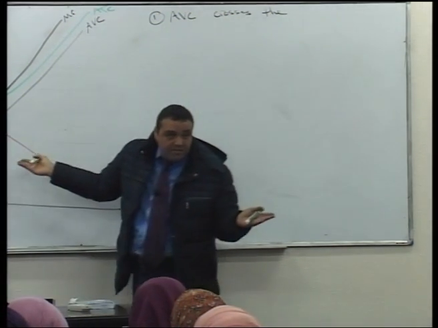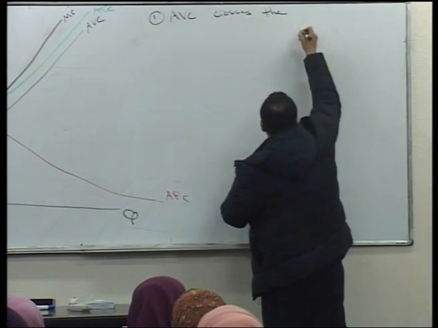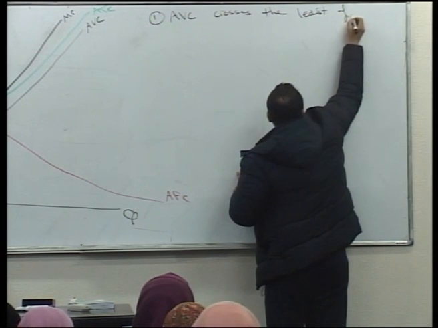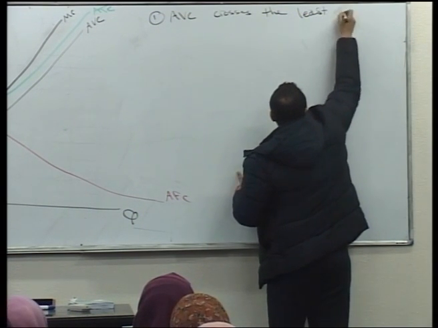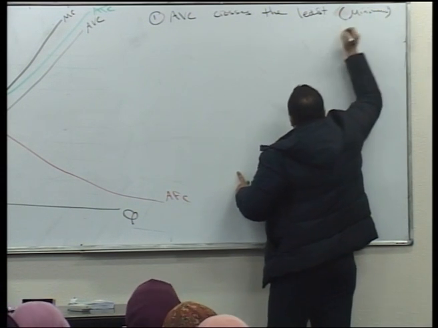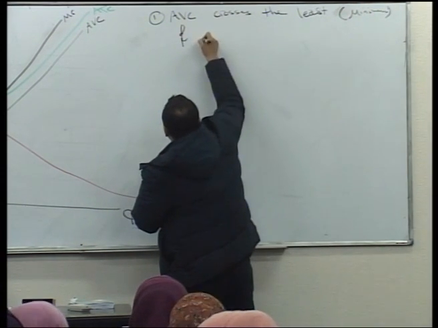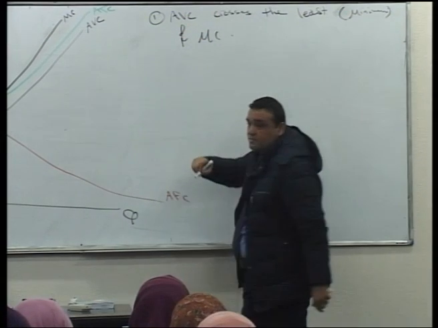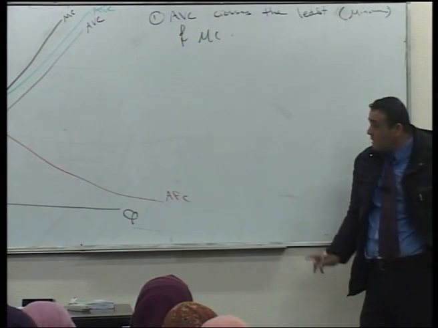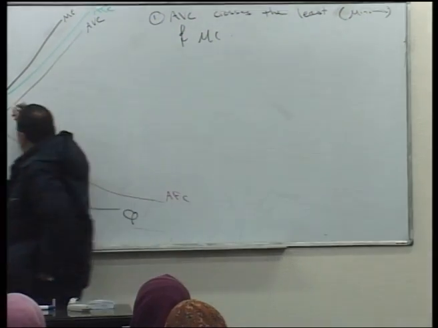At the minimum of AVC. At the minimum or at the least of the marginal cost curve. Right? Correct. Okay, what else?